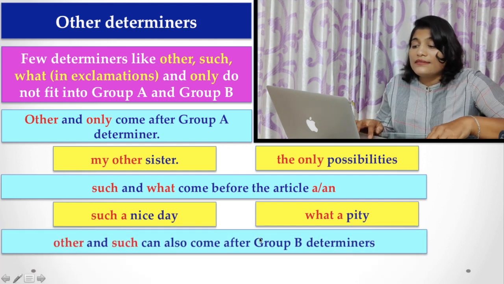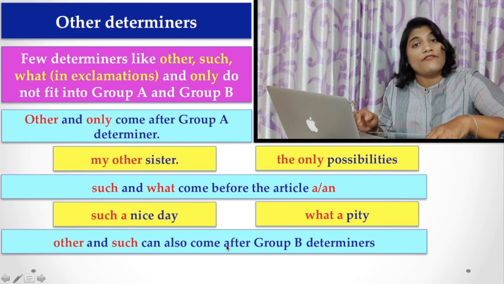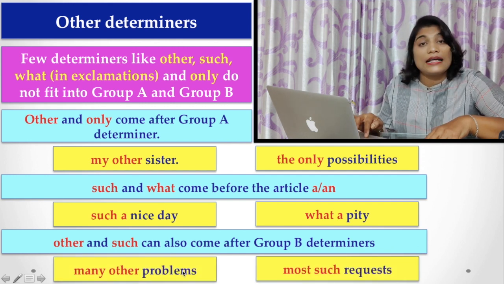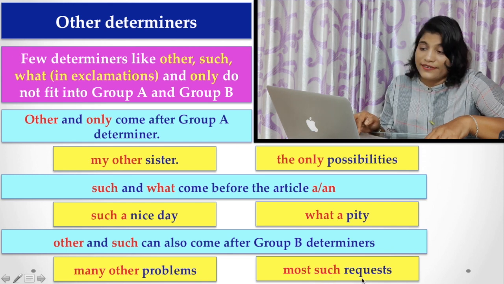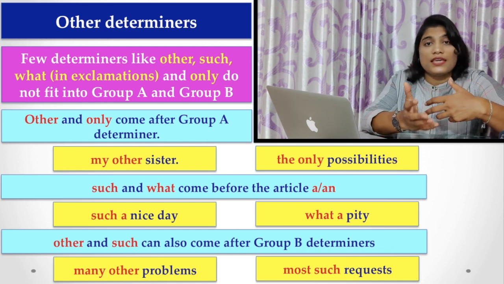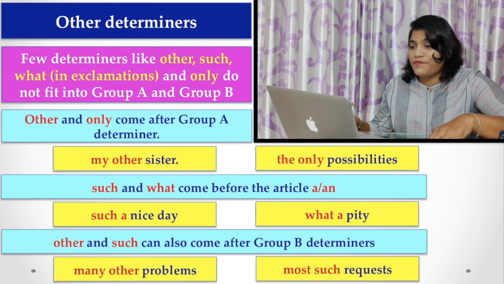Now, other and such can also come after group B determiners. In a few cases, other and such can come after a group B determiner. For example, many other problems, most such requests, etc. So these are the other determiners, because they do not fit in these two groups.